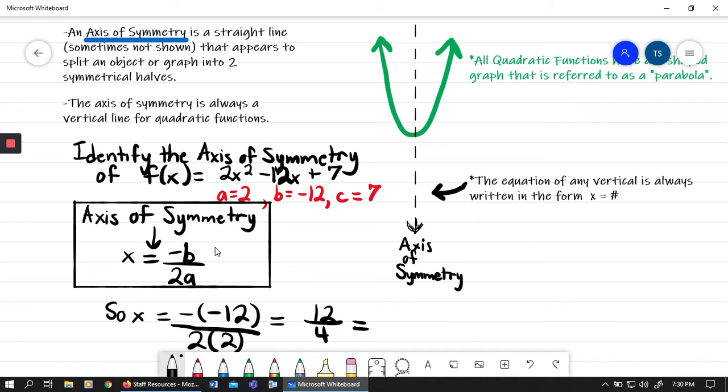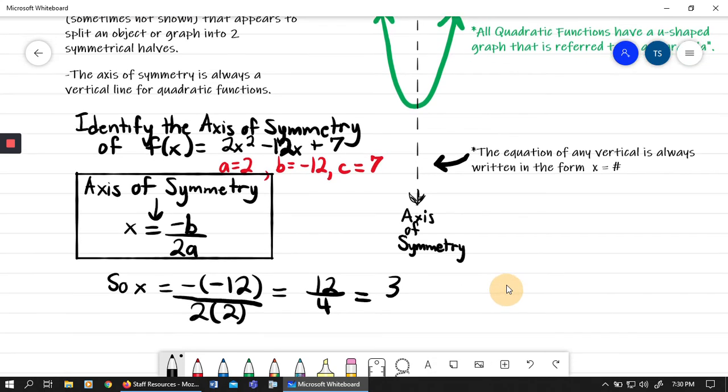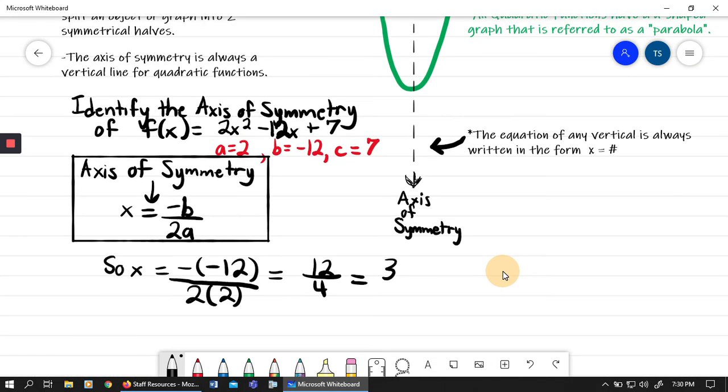However, remember folks that we need to write this as an equation. Please do not put that the axis of symmetry is 3.